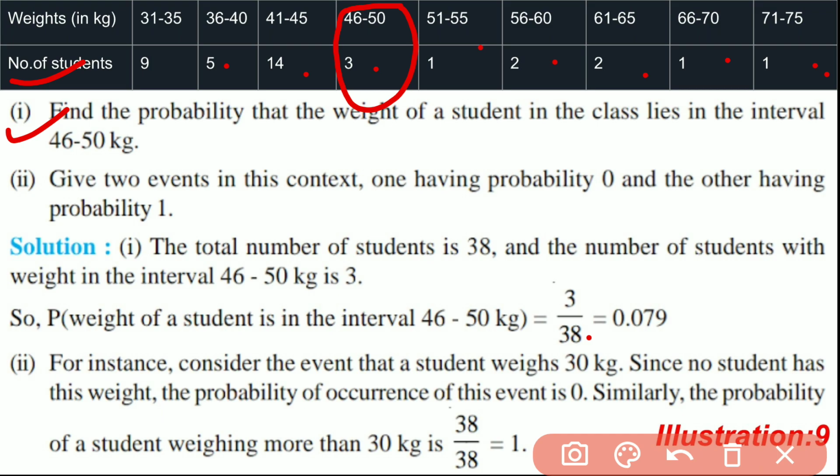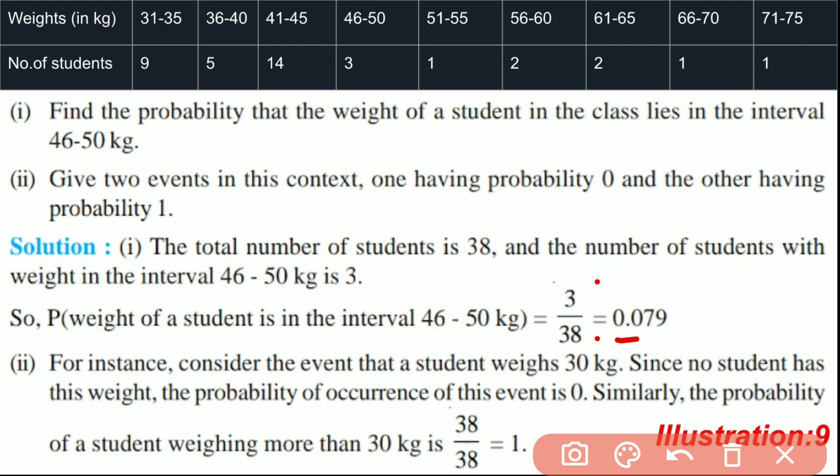If it is not mentioned, we can add up the table: 9 plus 5 plus 14 plus 3 plus 1 plus 2 plus 2 plus 1 plus 1, which gives 38. The number of students with weight between 46 and 50 is 3. So 3 by 38 will give you 0.079.